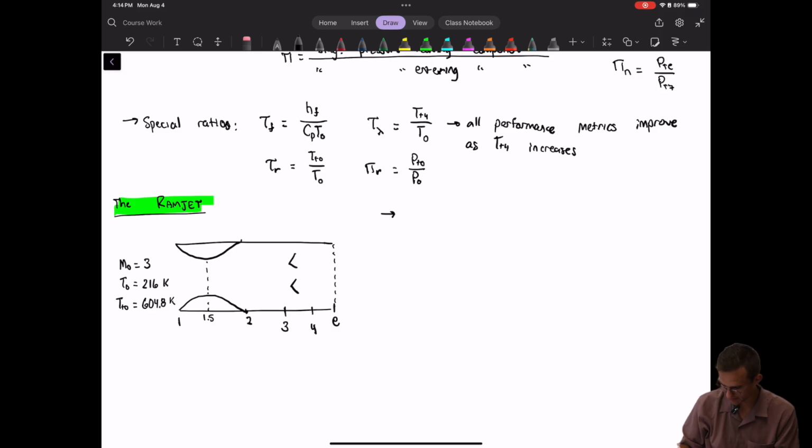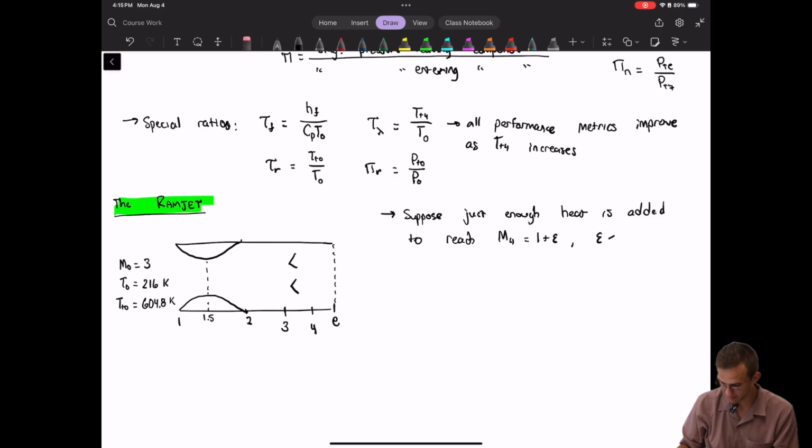So suppose just enough heat is added in the burner, between stations 3 and 4, to reach M4 equal to 1 plus epsilon, where epsilon is some very, very small number.